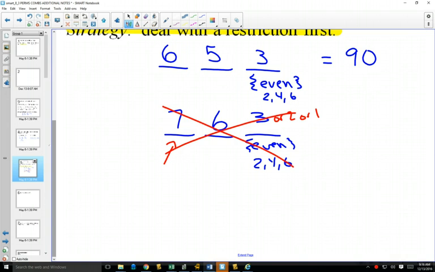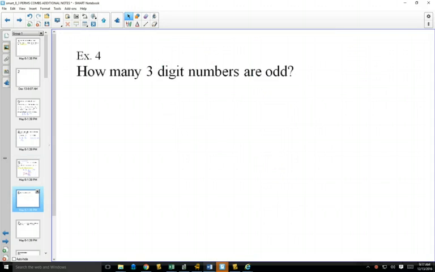But if we start with our restriction, if we say I'm going to put either a 2, a 4, or a 6 in my last digit first, whichever ones I don't use up get put back into our 6 and our 5. So when we're dealing with a restriction, we have to deal with that restriction first. So I want you to try, again, just using the numbers 1 through 7.